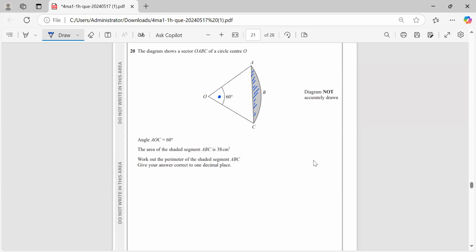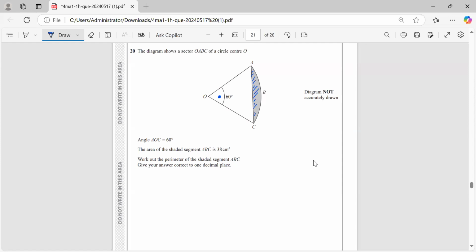So for the perimeter, of course, they want us to find the length of AC and the arc AC, right? So the arc AC and the length of AC will definitely give us the perimeter of the shaded segment ABC.